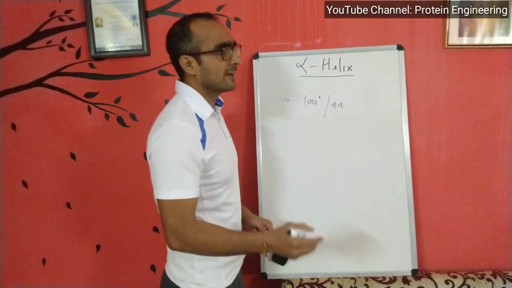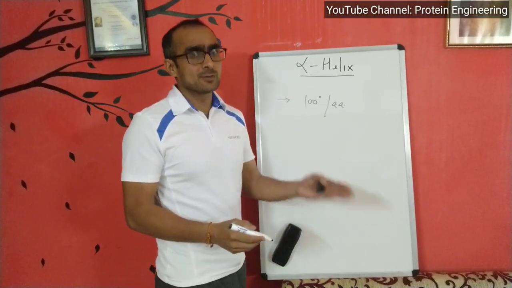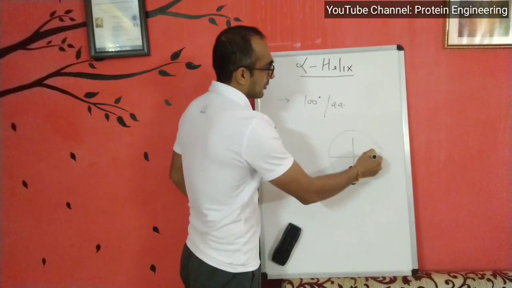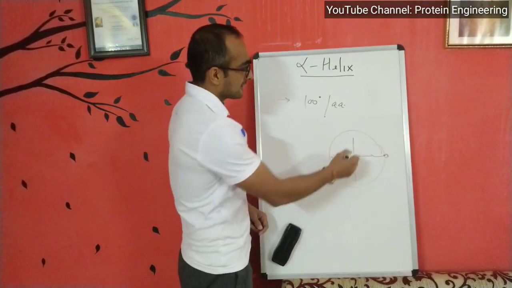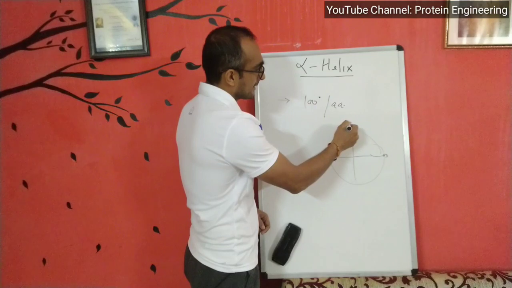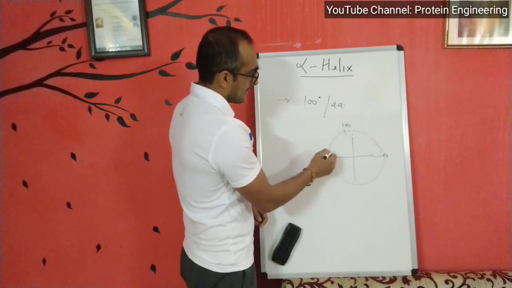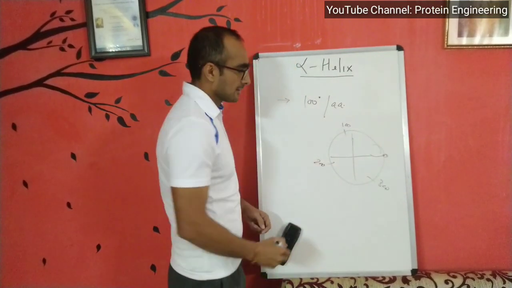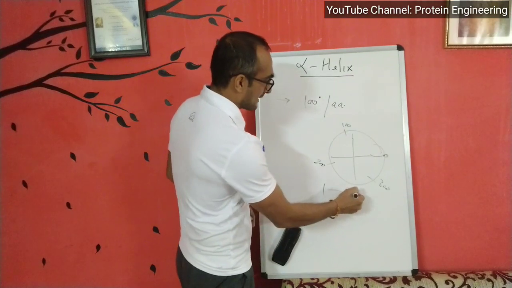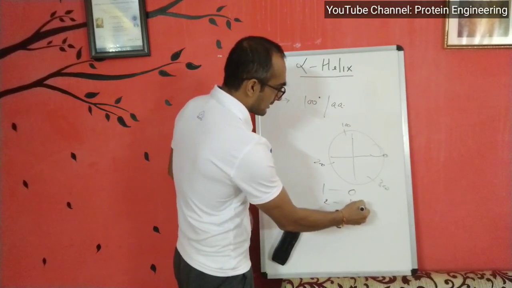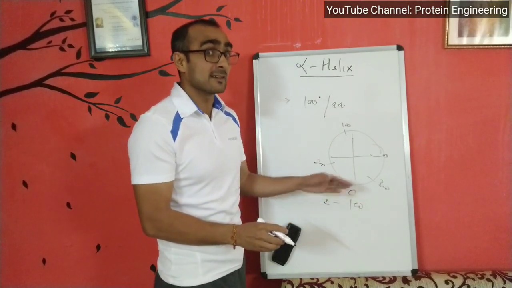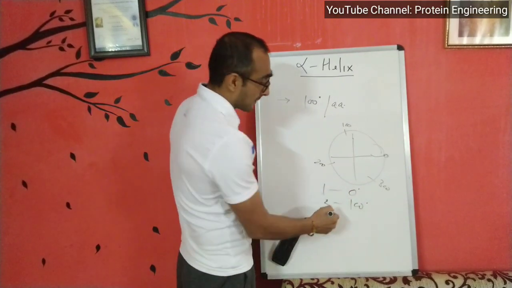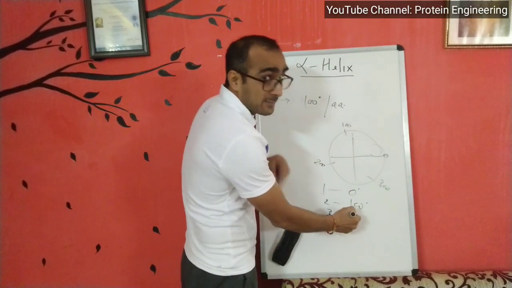In an alpha helix, every amino acid is present at 100 degrees to the previous one. It means, for example, if the first amino acid is located at 0 degrees, the second amino acid would be at 100 degrees, the third at 200 degrees, then 300 degrees, and so on. Every consecutive amino acid is present at 100 degrees from the previous one, so you keep adding 100.